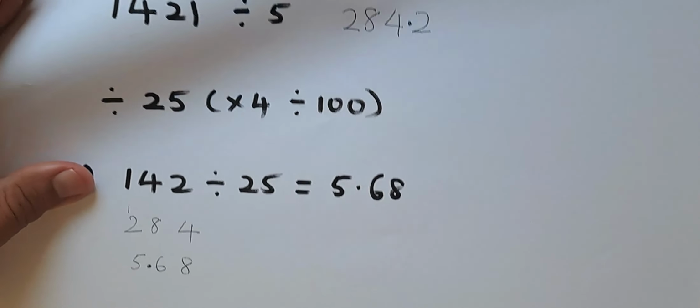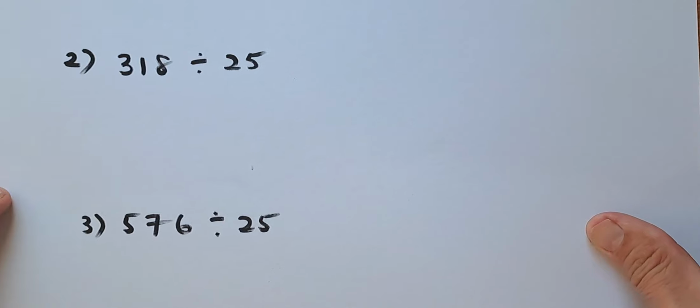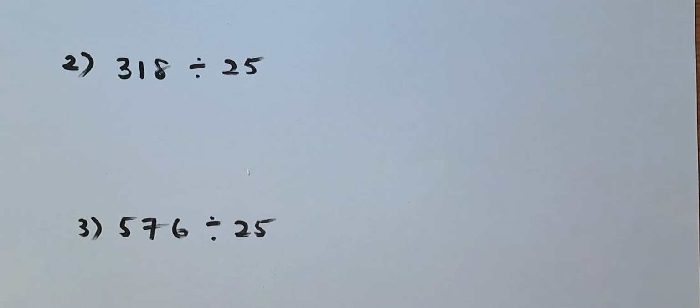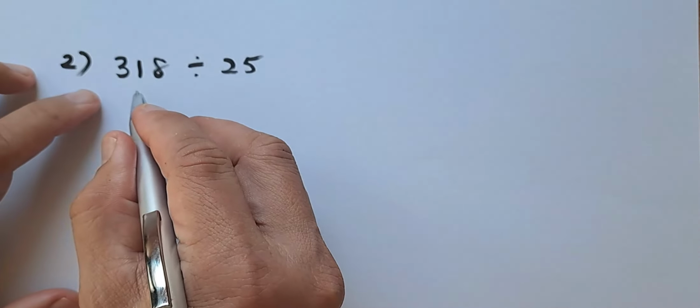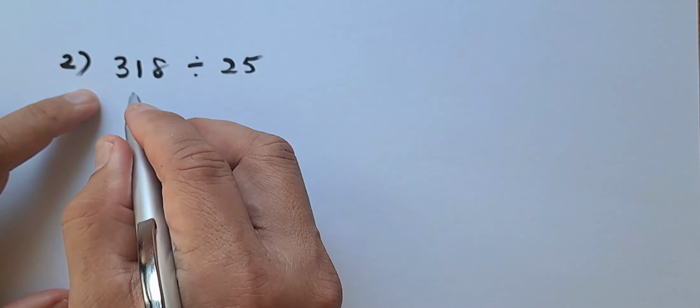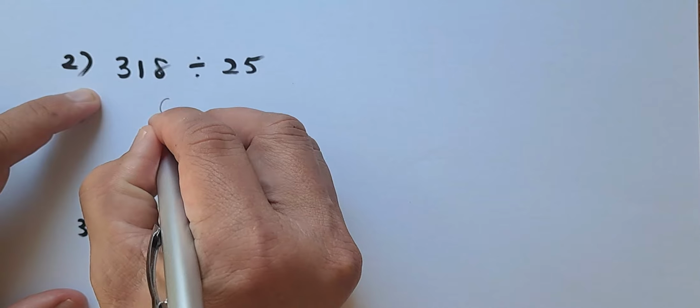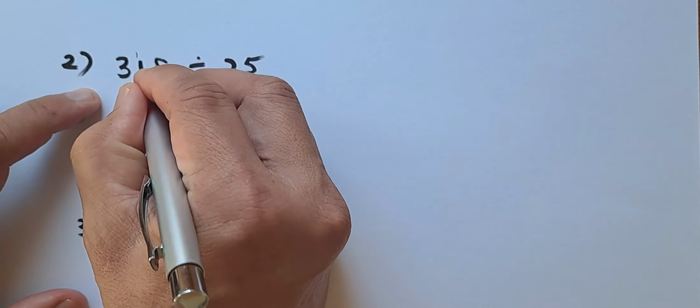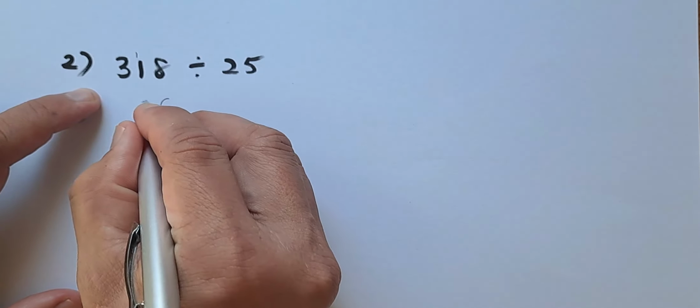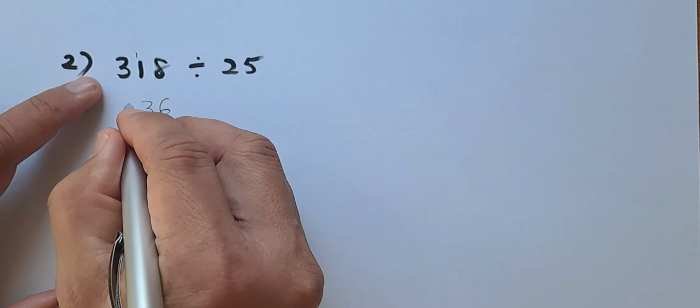Okay, so now we shall proceed to 2 other examples, and before long we'll be an expert in this field. Again, remember you need to multiply by 4 and divide by 100. So if you cannot multiply by 4 in your head, we're just going to double the number. So 8 double becomes 16, 6 carry up 1, 1 double becomes 2 plus 1 going to be 3, and then 3 double going to be 6.